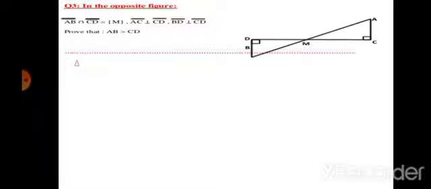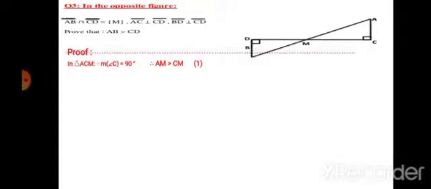In the opposite figure, line segment AB intersect line segment CD at point M, and AC is perpendicular to CD, BD is perpendicular to CD, prove that AB greater than CD. Okay. In triangle ACM, measure of angle C equal 90 degree. So the hypotenuse AM greater than MC.